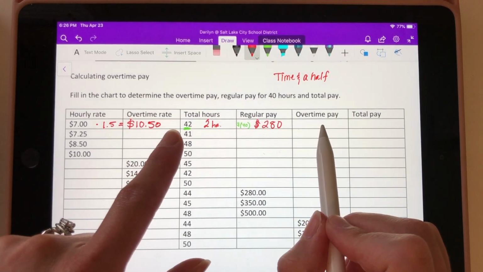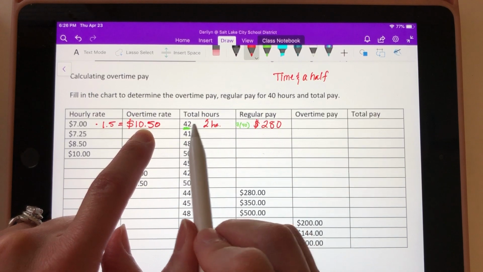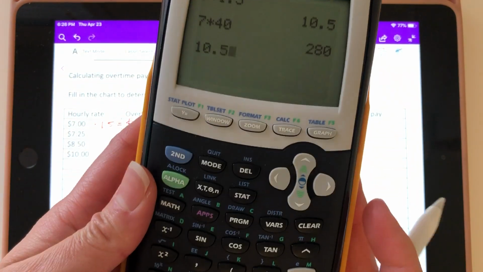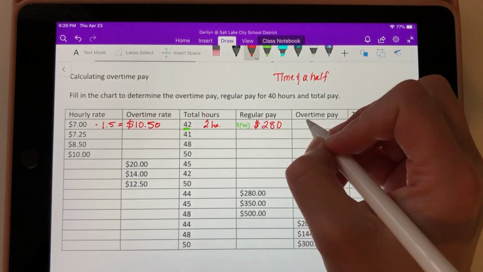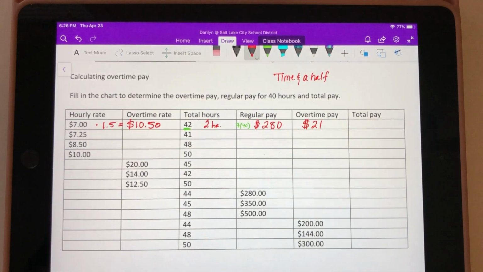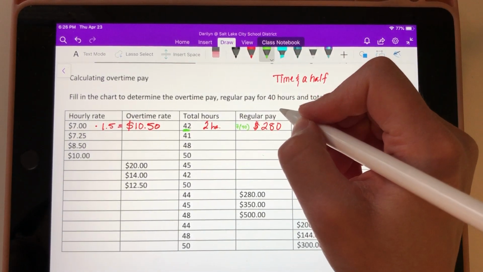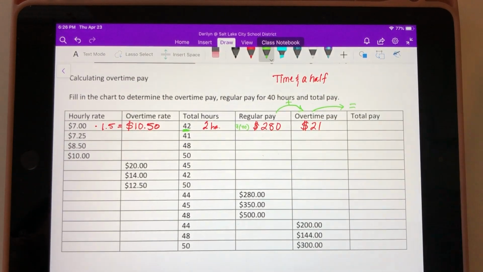Now, how much are you going to get paid in overtime? Well, your overtime pay is $10.50, and according to this row, you work 2 hours overtime. So $10.50 times 2 hours overtime is $21. So $21 in overtime. Now, total pay, you just take your regular pay and you add them together, and that equals your total pay.